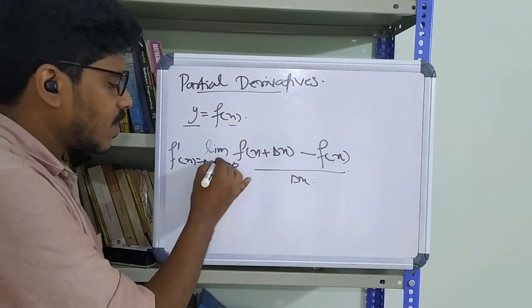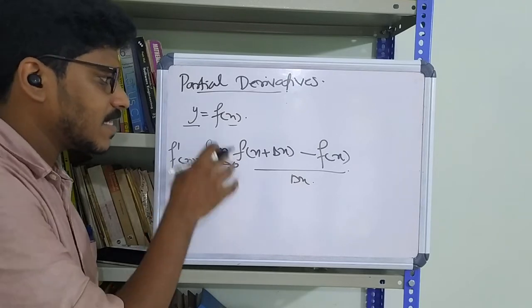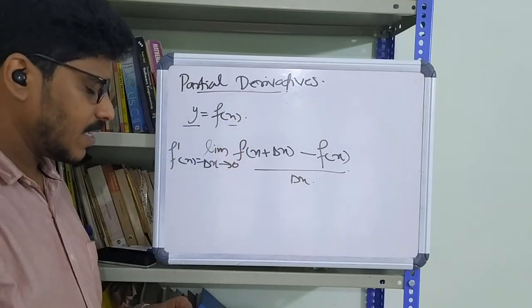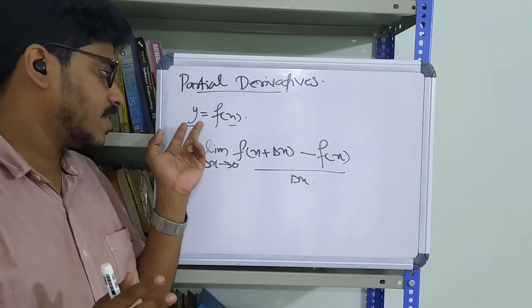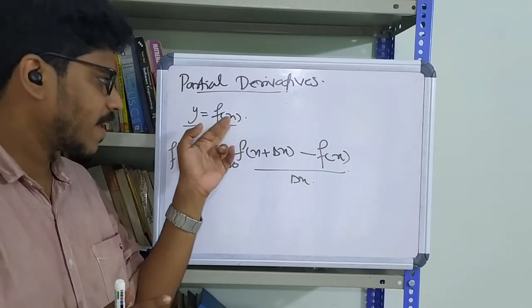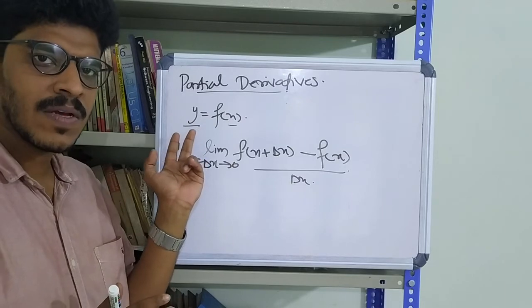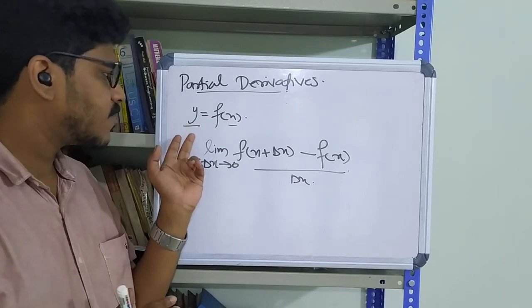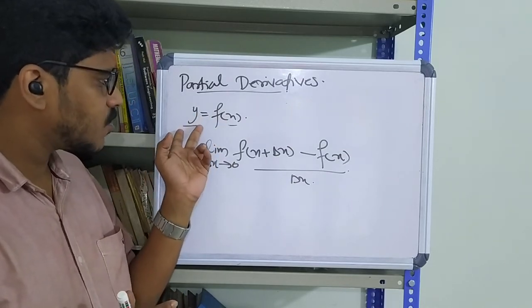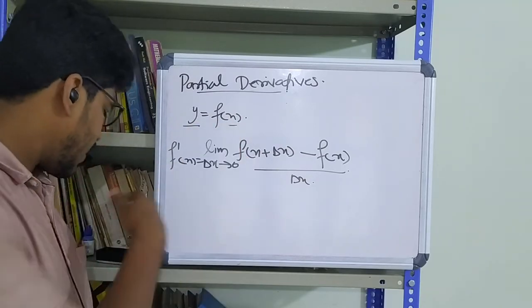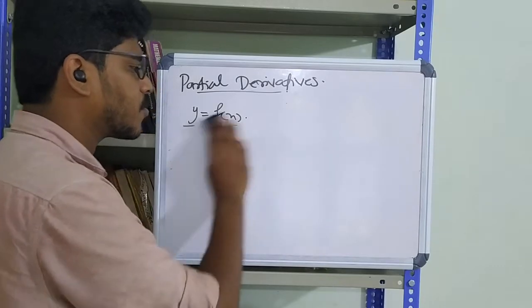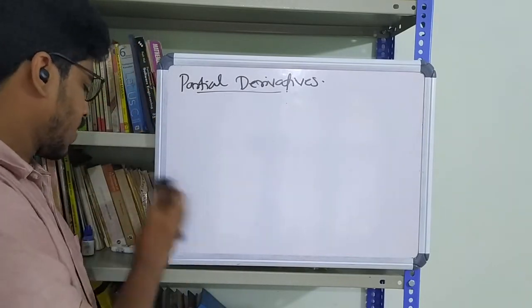So this was how we defined the derivative for a single variable function, and the derivative was the rate of change of y. See, y is depending on x, so if x changes, y will change. So y dash or f dash was measuring the rate of change of y with respect to a small change in x. Now let's extend this to the case of two variable functions.